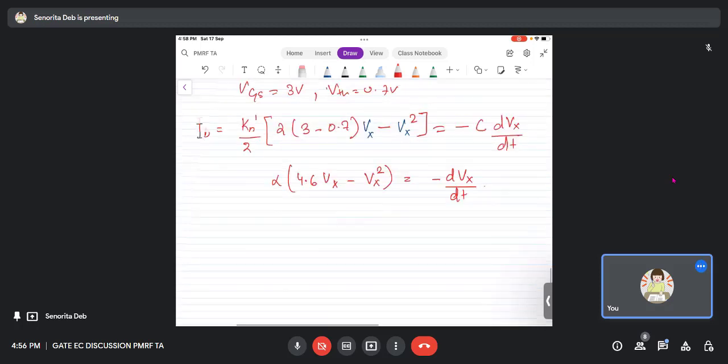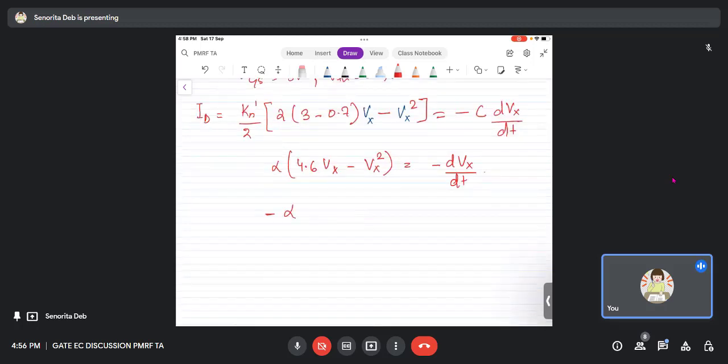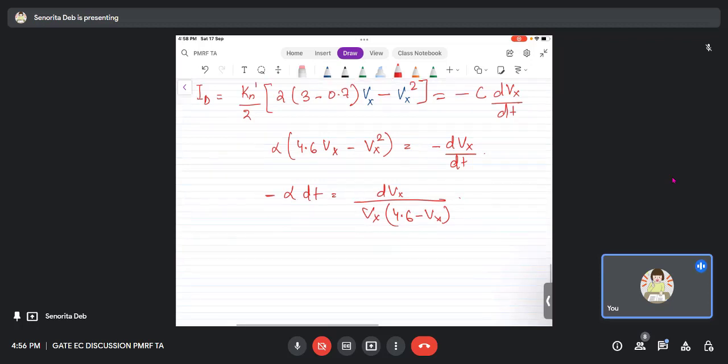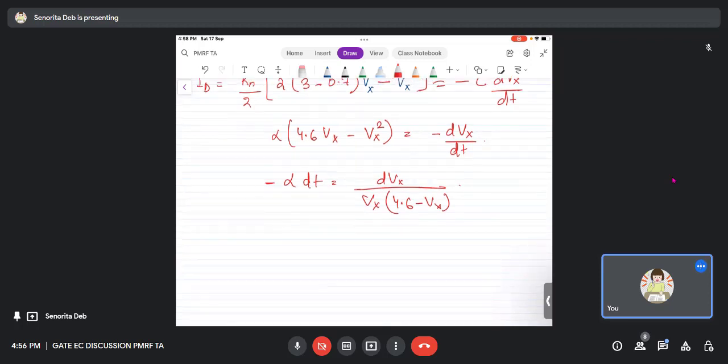So therefore minus alpha dt equals dVx upon Vx into 4.6 minus Vx, right? And this you can separate out. This is nothing but an exponential form. So in GATE mathematics also you have this, that these differential equations you have to solve. So you will study it.